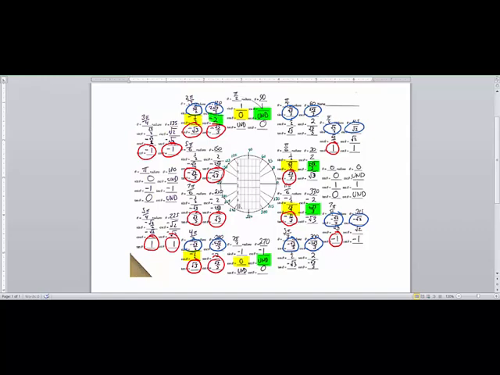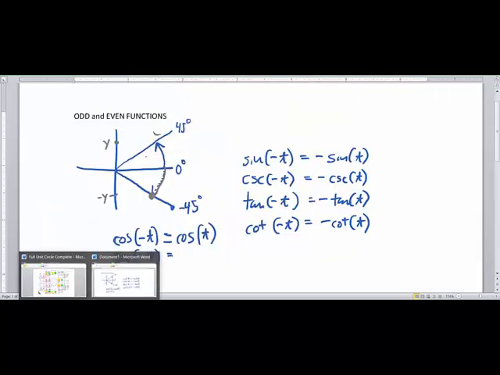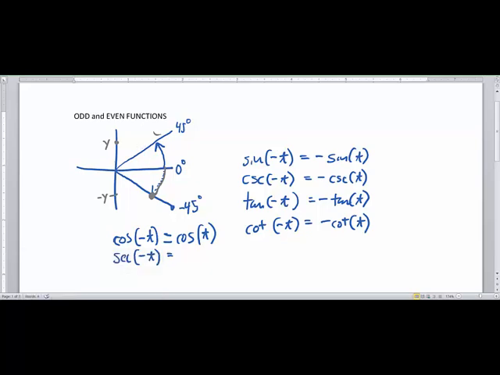And 120 and negative 120 are the same, because these are values of x. And since cosine and secant only have an x in them, then the secant of negative t is the secant of t.